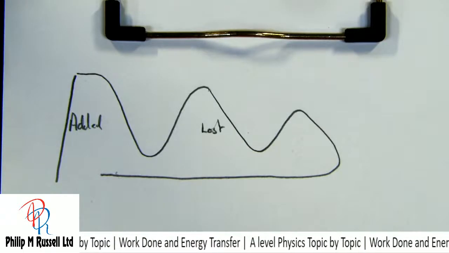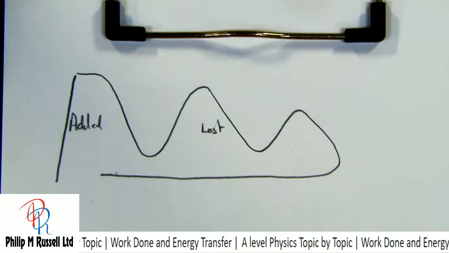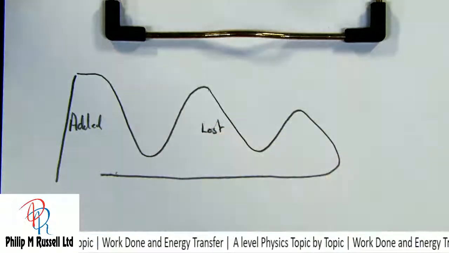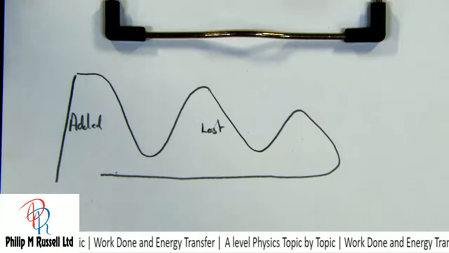So we've managed to create some energy, generally by doing things like chemical work. I've got to try and get this rubber up here. How do I get this rubber up here?